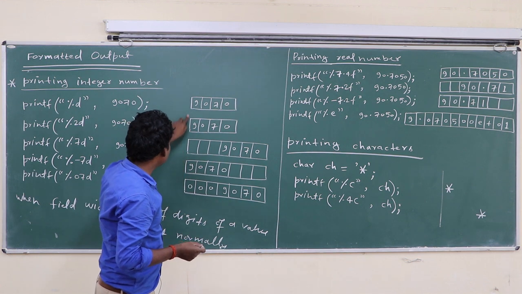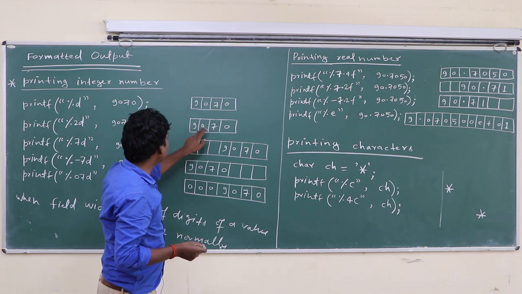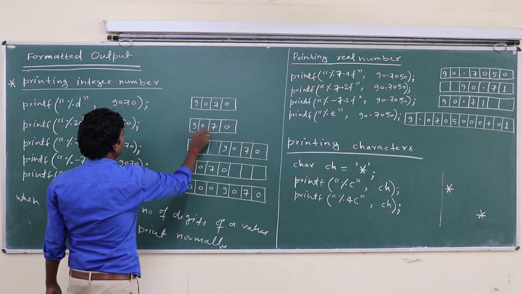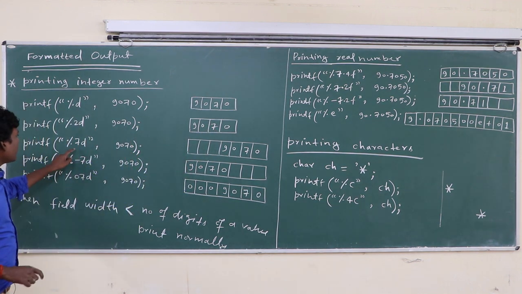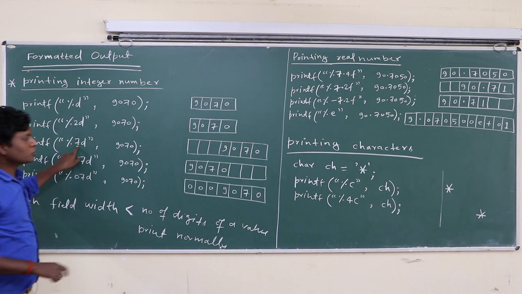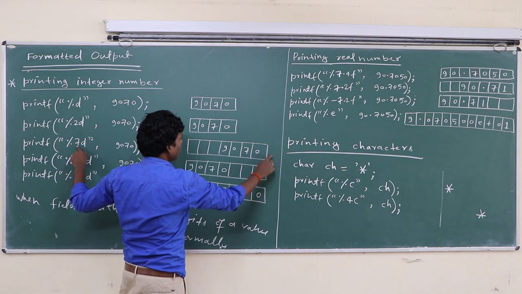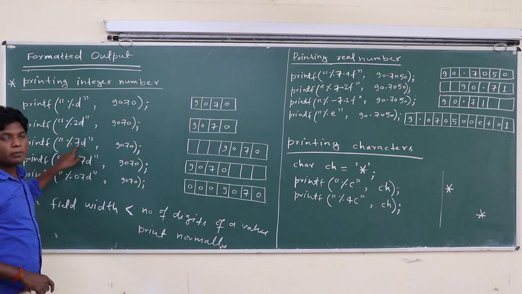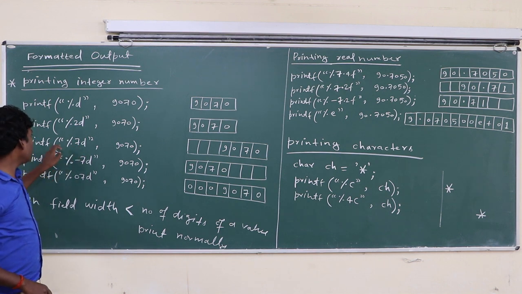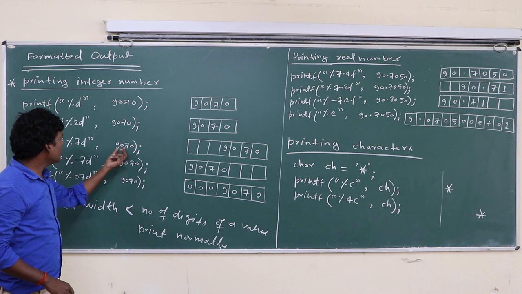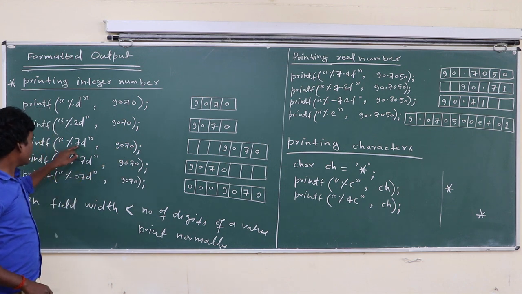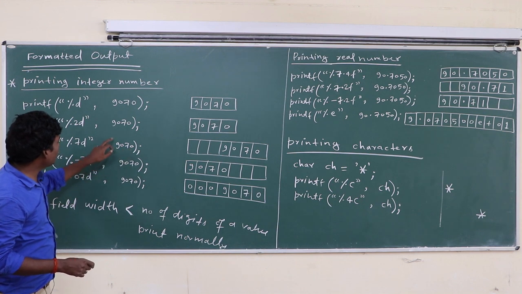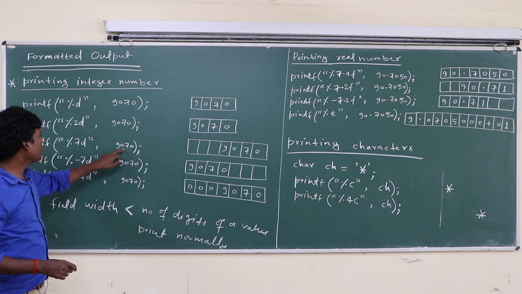Okay, 9070 is printed normally, and the number of blocks is equal to the number of digits. Here, class, there is 7, so there will be 7 blocks, and %7d prints 9070. Here the field width is greater than the number of digits of this value.